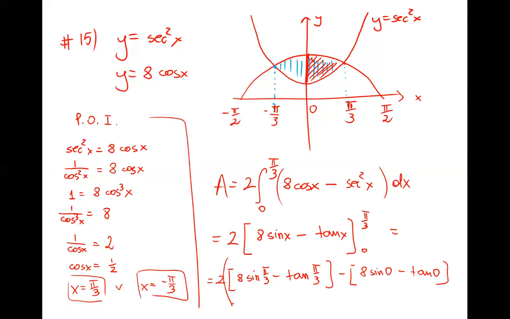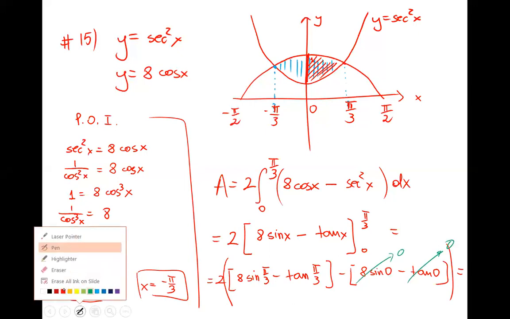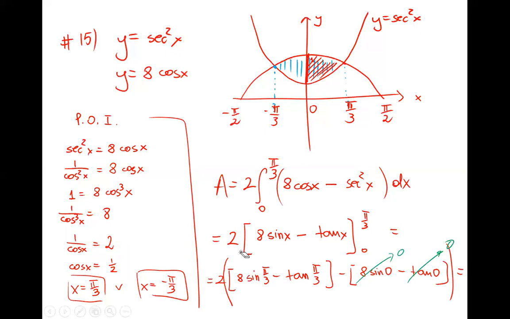However, that 2 is affecting everything, but sine at 0 and tangent at 0 is 0. That's when we can skip that part. Sine at 60 is square root of 3 over 2 times 8, of course, and also times 2. Tangent at pi over 3, at 60, is square root of 3.